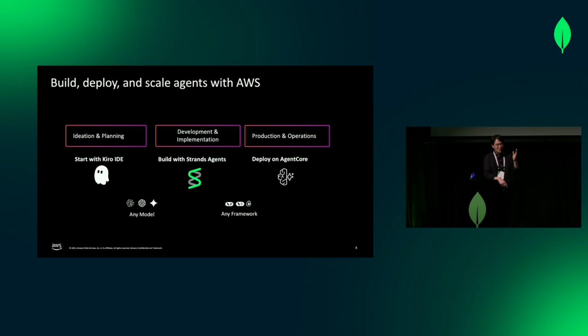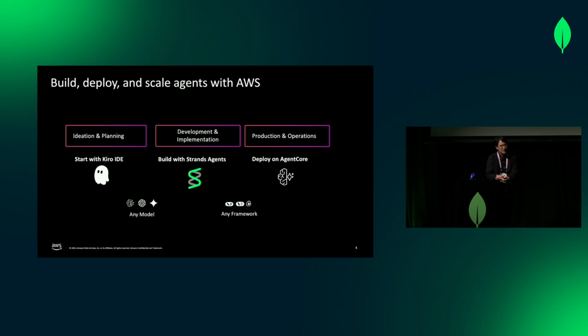And then we introduced Strands Agents last year, which is an open source agent framework. We talked about the agent loop, and Strands Agents really leverages model-driven orchestration through this agent loop so that it goes through the reasoning, and then it can take the complex actions for you. And when you have built your agent and fully tested it in a different environment, you want to take it to production and start scaling.